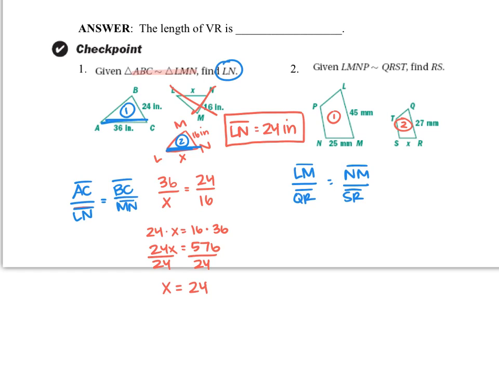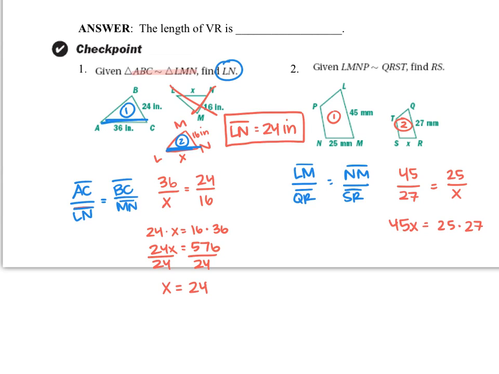So now I'm ready to plug the numbers in. So LM is 45, QR is 27, NM is 25, and SR is what I don't know. So I have 45x equals 25 times 27.